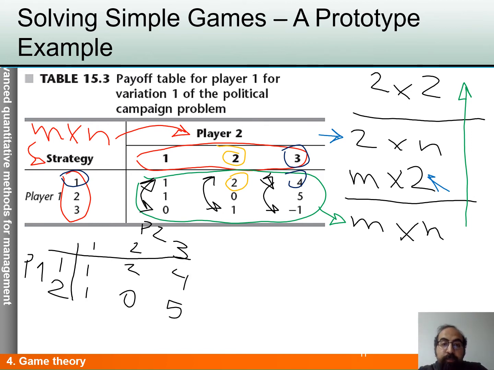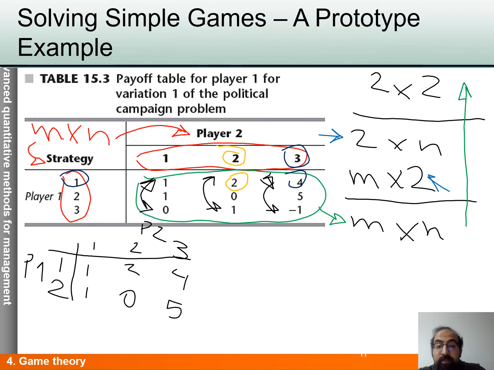Let's review. If all the elements of one strategy are better than the other strategy, we can delete that worse strategy, like we deleted strategy 3 for player 1.